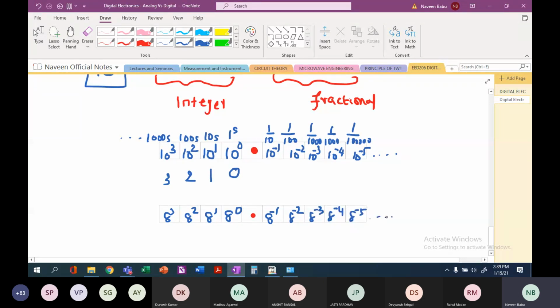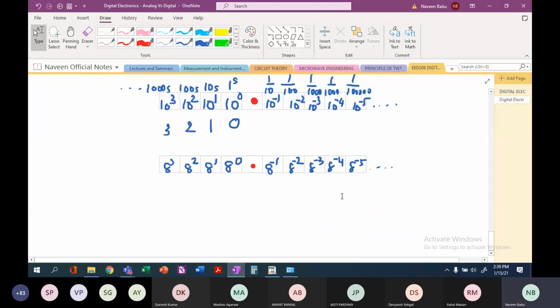Likewise, it will go on. So in general, since in decimal, octal, and hexadecimal we call each one a digit, we can write it as d power 0, d power 1, d power 2, d power 3, dot, d power minus 1, d power minus 2, d power minus 3, etc.